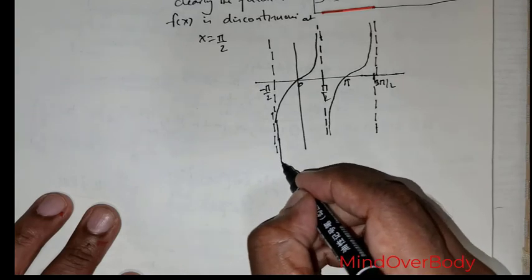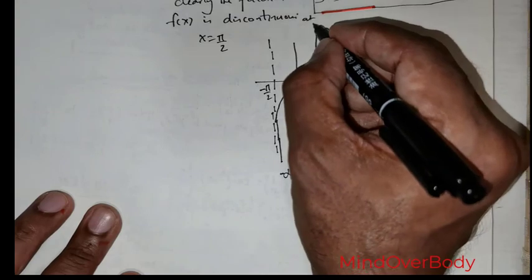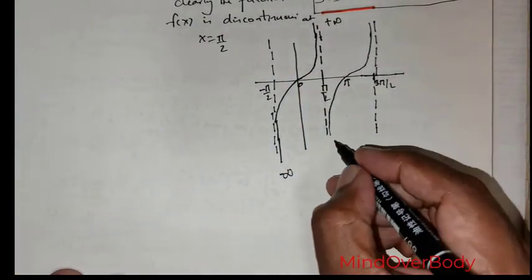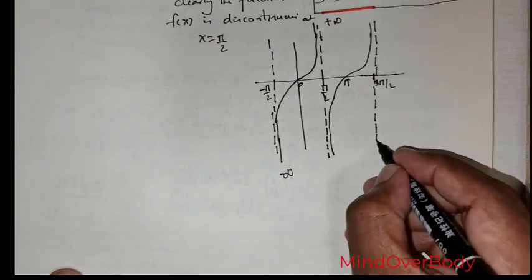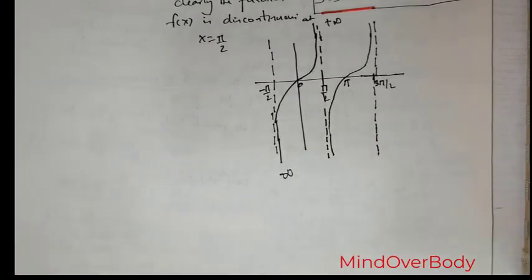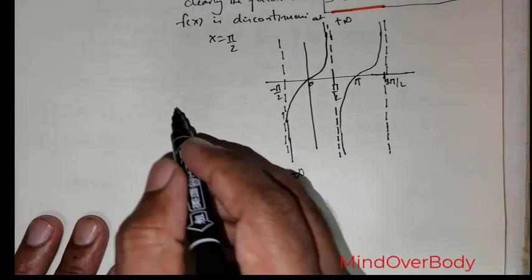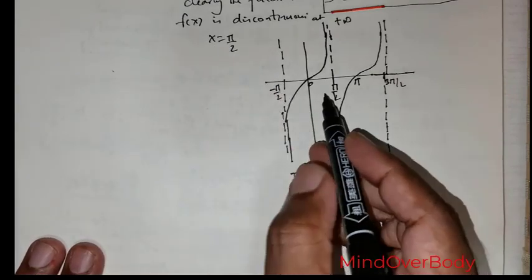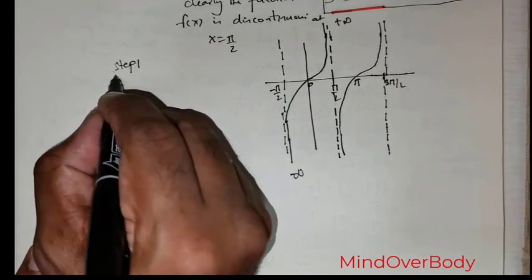The graph will go to negative infinity on this side, and it is heading to positive infinity on the other side. This is a rough graph. Now let us study the existence of the limit as x tends to pi over 2 from the left side and right side. So this is step 1.